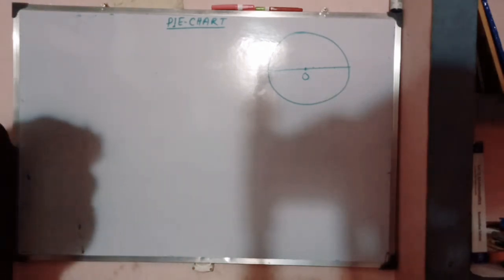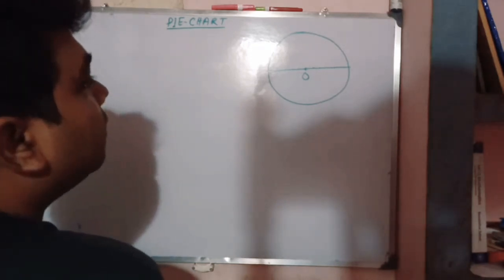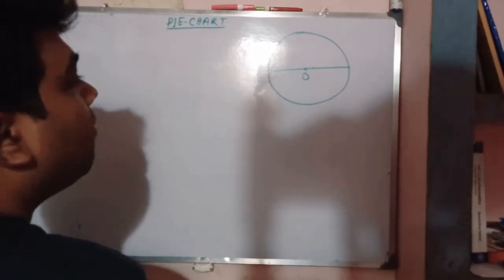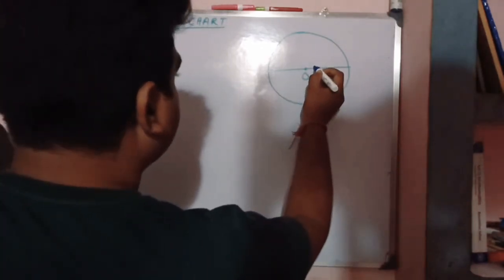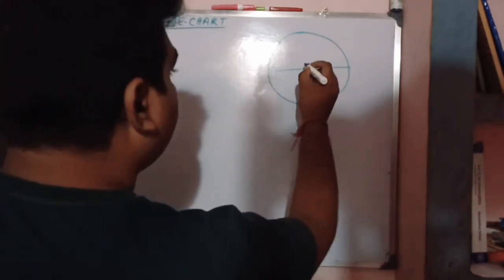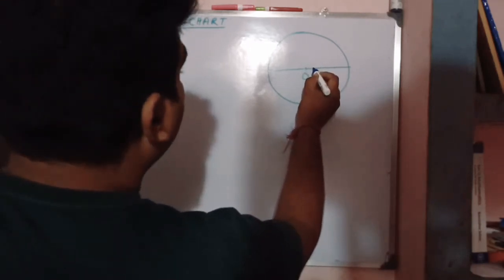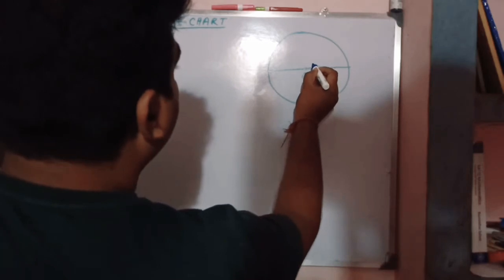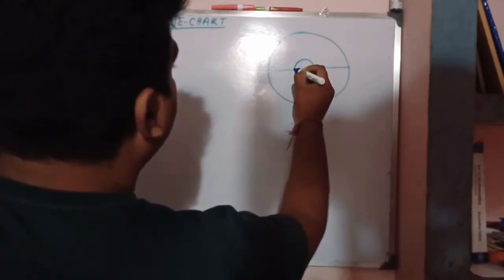Since this is the center, there should be an angle formed at this center. If we measure this angle over here, we can start from here and go through this up to this.